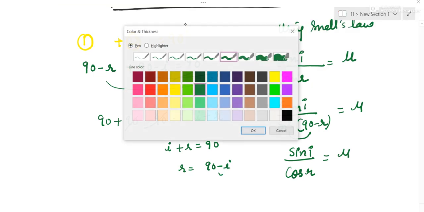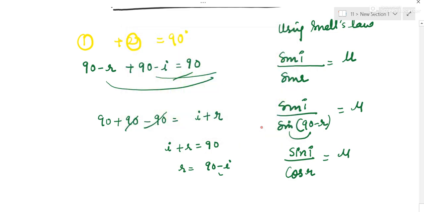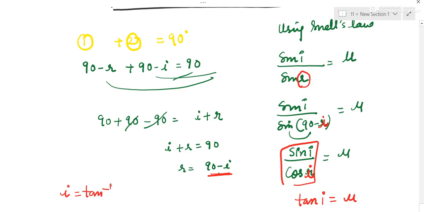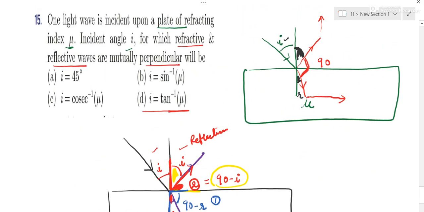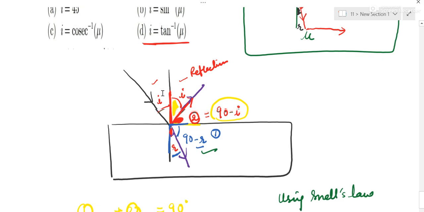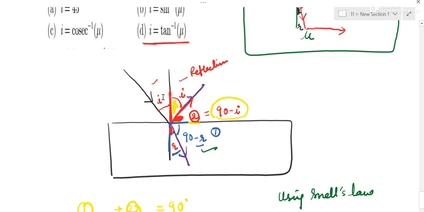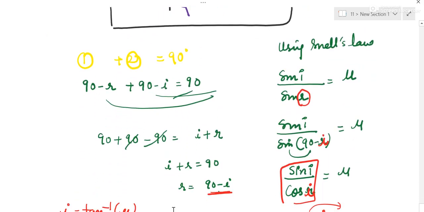I have written r by mistake. The value of r is 90 minus i. We are substituting that. It is cos i. Now sin i by cos i is tan i. So i is equal to tan inverse mu. Tan will go that side. So your answer is this one. If you understand, it's okay. Otherwise, the level is beyond your class.